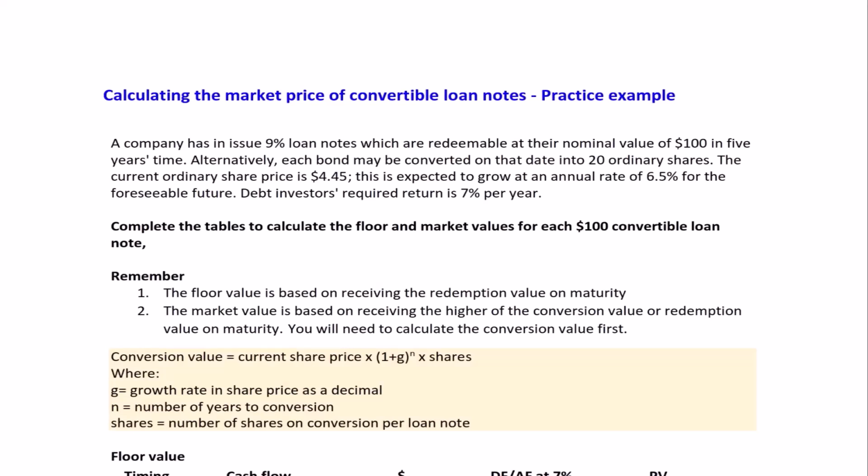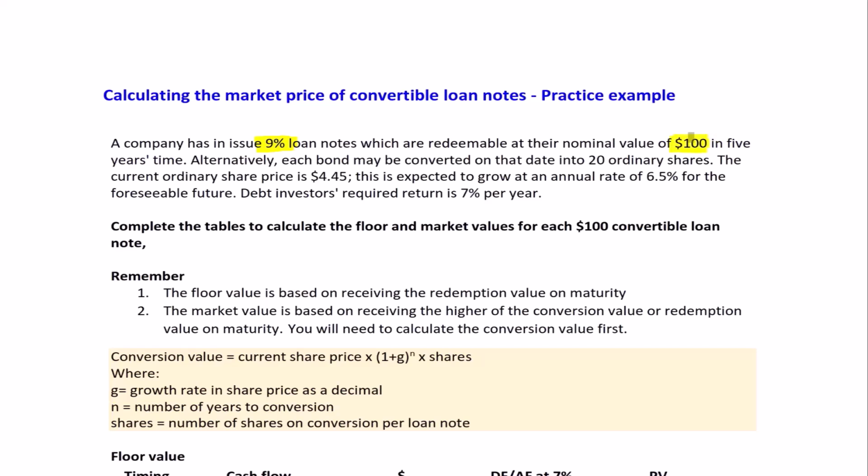So here we have a practice example calculating the market price of convertible loan notes. The scenario here has a company that has in issue 9% loan notes. The 9% is the coupon rate, and they're redeemable at their nominal value of 100.